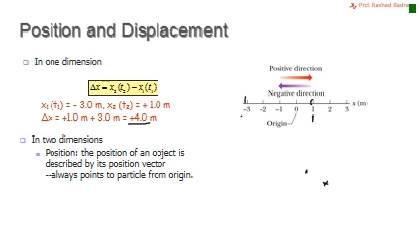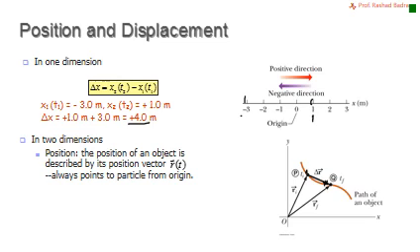We can use this definition to generalize the motion in two dimensions, as the particle might have initial position in here and a final position in here. As you can notice, the initial position might have two components, x component and y component, and the final position as well has two components. So by taking the difference r final minus r initial, you will get the definition for displacement.